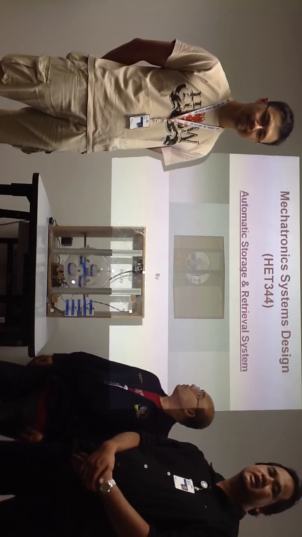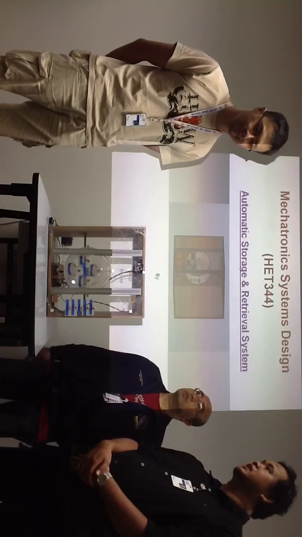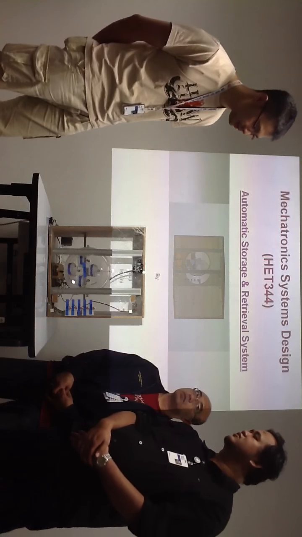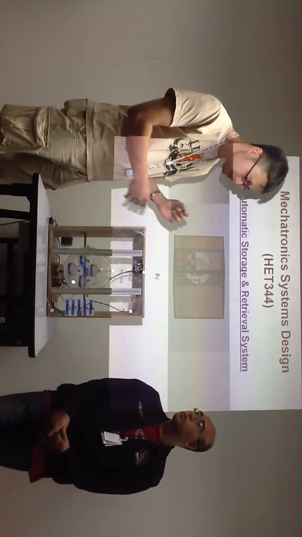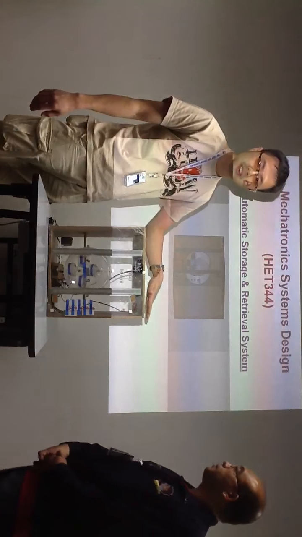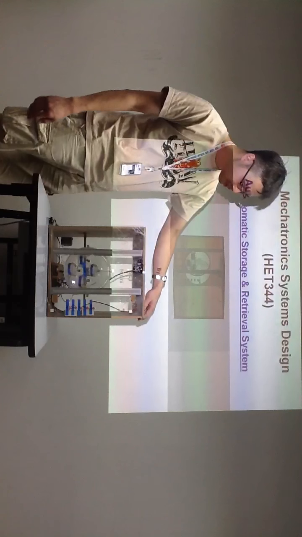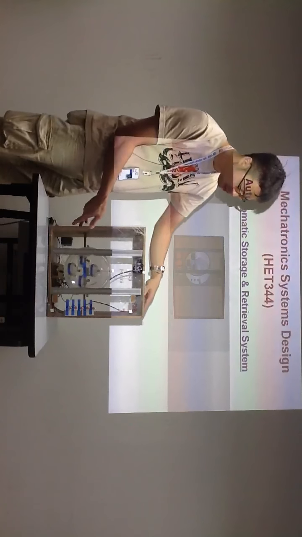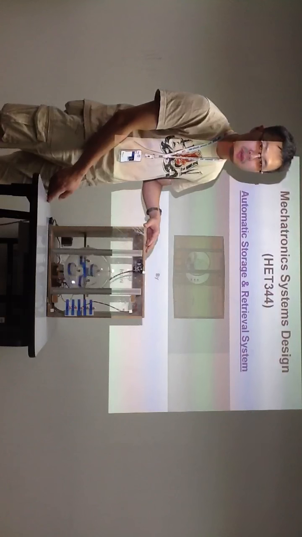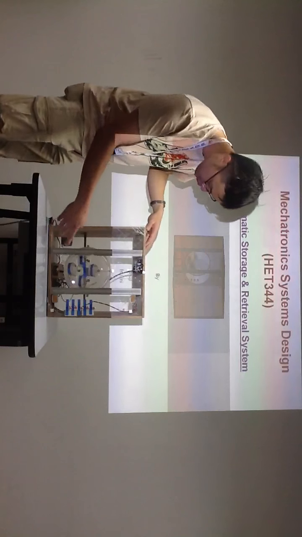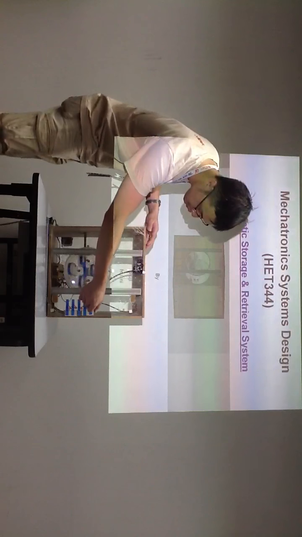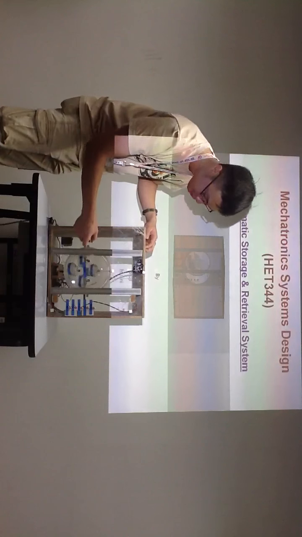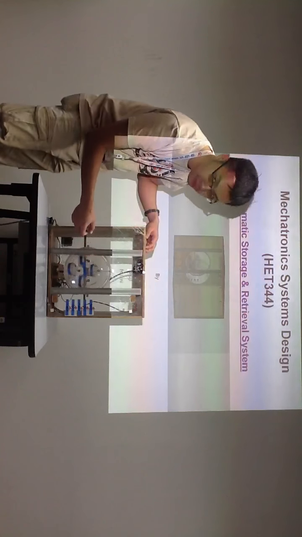So for the mechanical design, I will explain. From the start, of course, we have to build the chassis first. The chassis is the main frame for the whole project. The material we use is MDF board. Internally, we have a motor support plate, also made of MDF board.